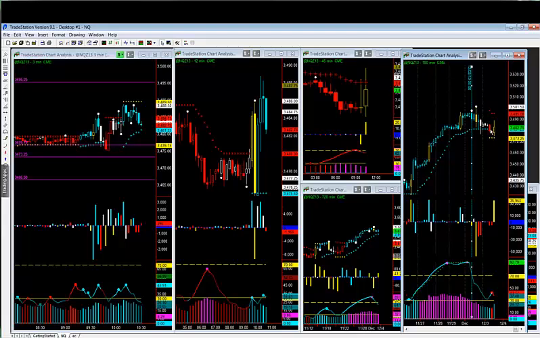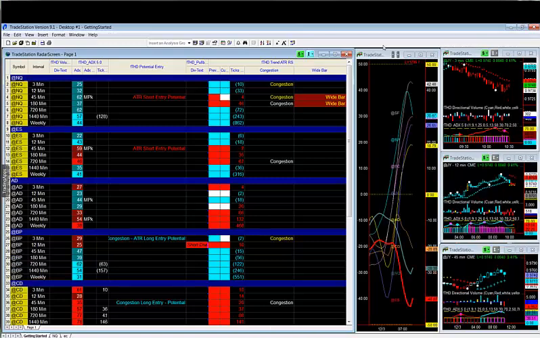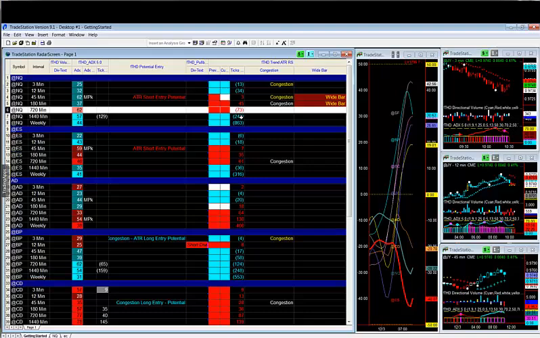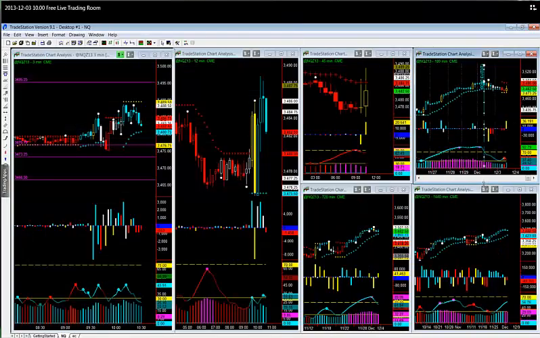Now that I can take advantage of on a higher time frame, because if we go back to the getting started, look at these higher time frames: 73 ticks on the 720 minute, 243 on the daily, 862 ticks available on the weekly. I can trade that, people. I can't trade these 12 ticks. By the time I get in and get out, I'm at a loss. Do you understand that? Any questions on that?